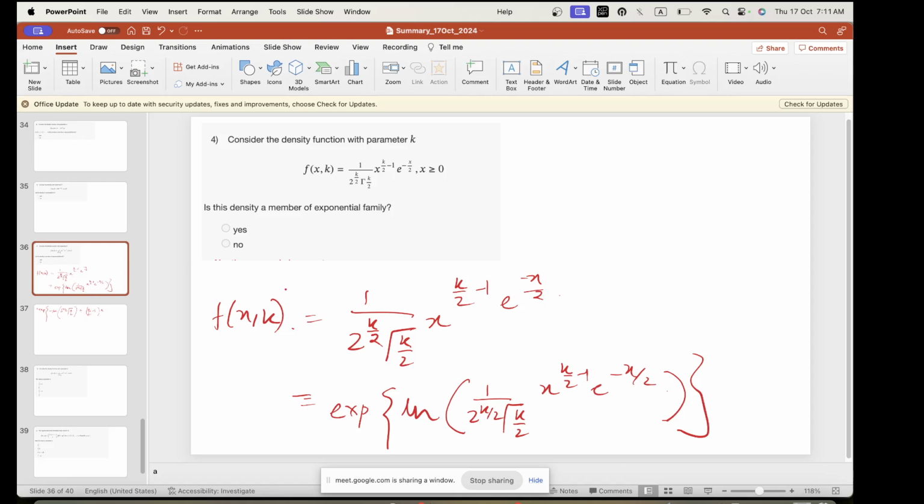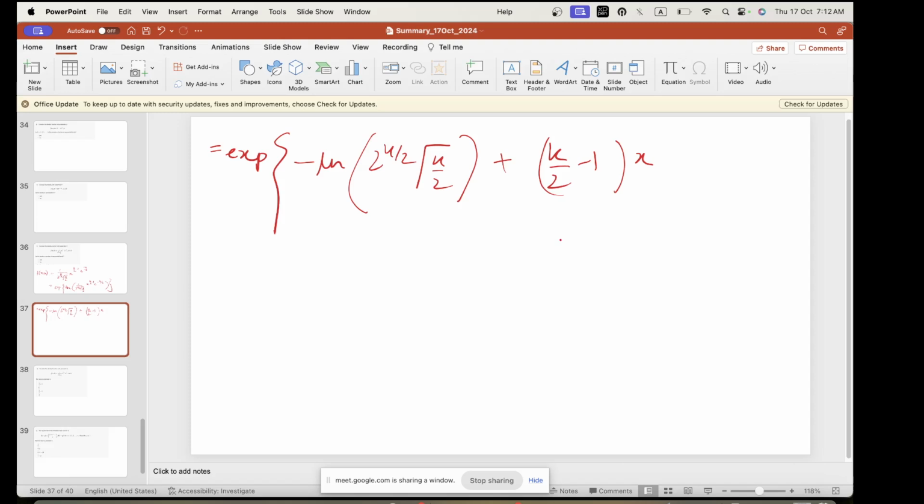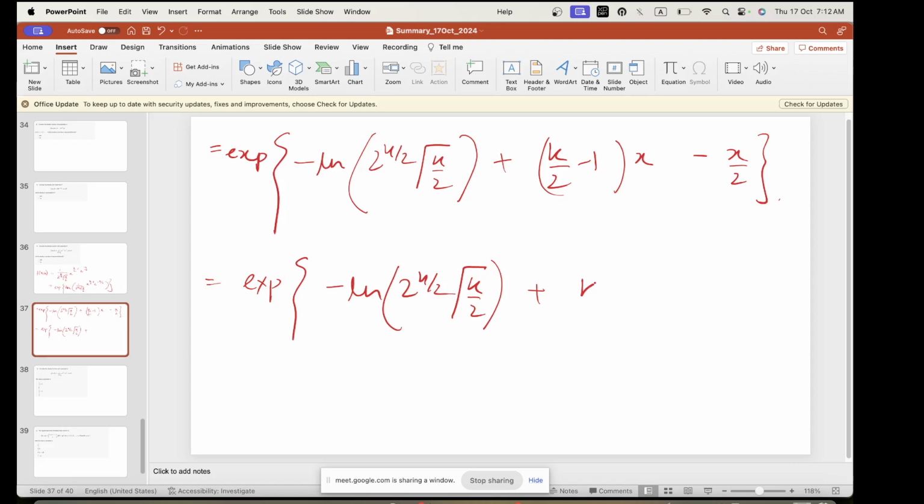Okay, and then again log of e to the power minus x by 2, so that is nothing but minus x by 2. Okay, so here we have exponential minus ln 2 to the power k by 2 gamma k by 2 plus k by 2 into x minus x, something like this.